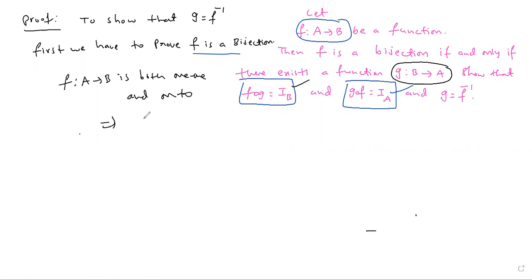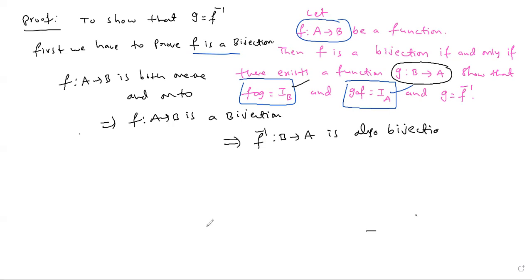That implies F from A to B is a bijection. So all bijective functions have an inverse, you know that. That implies F inverse from B to A is also a bijection.